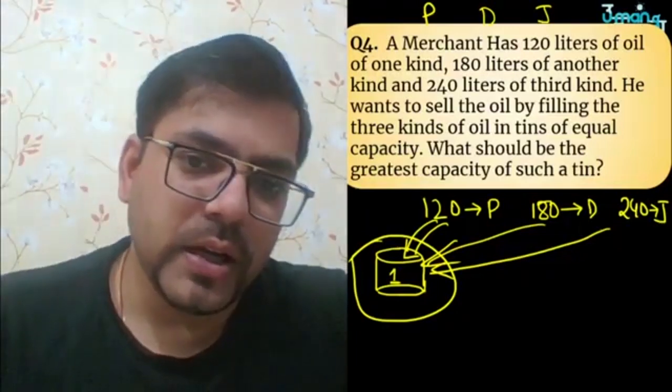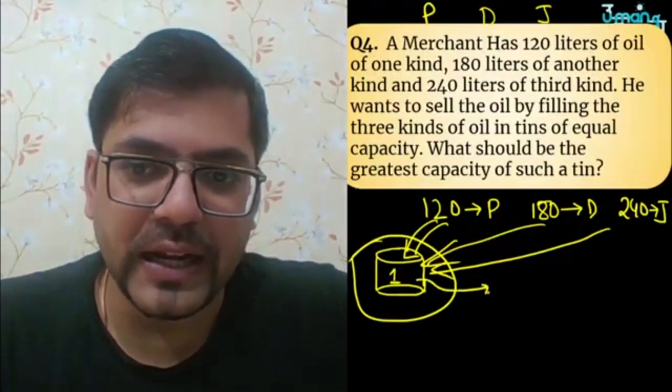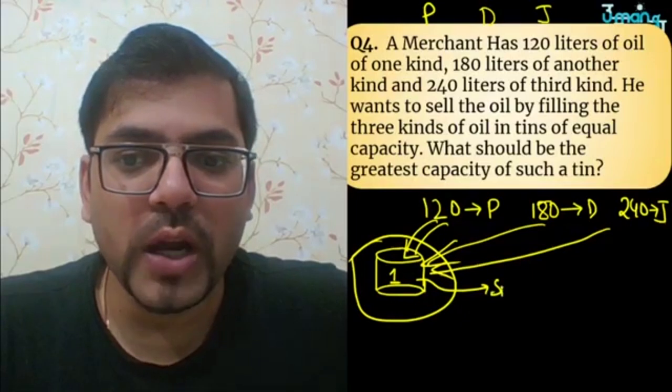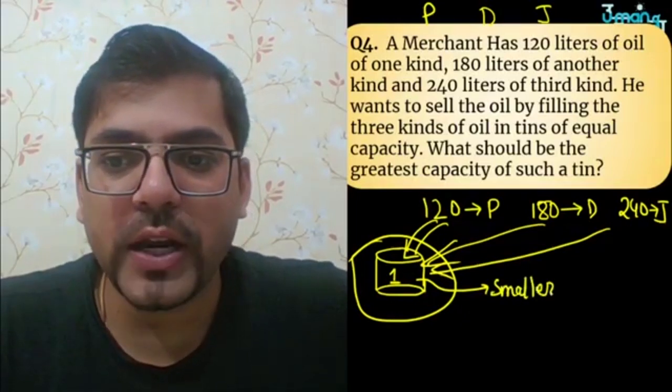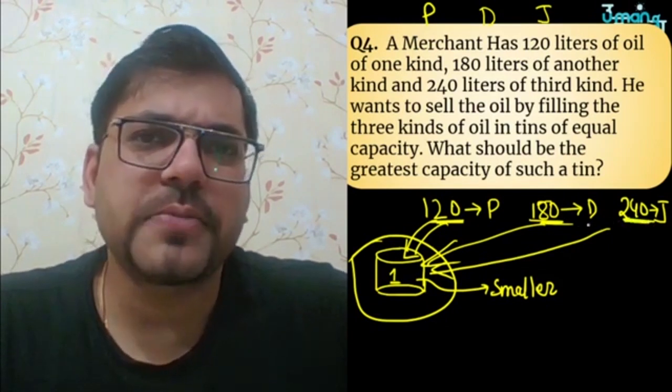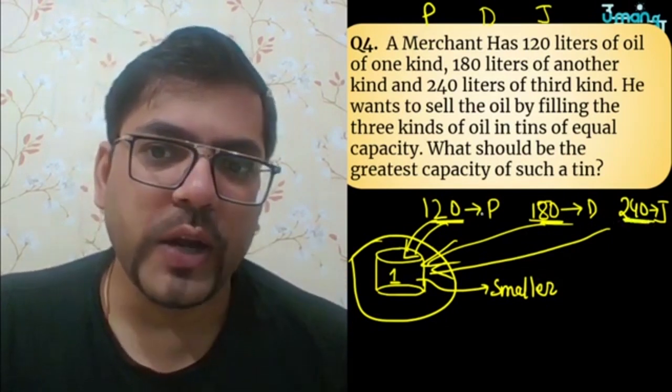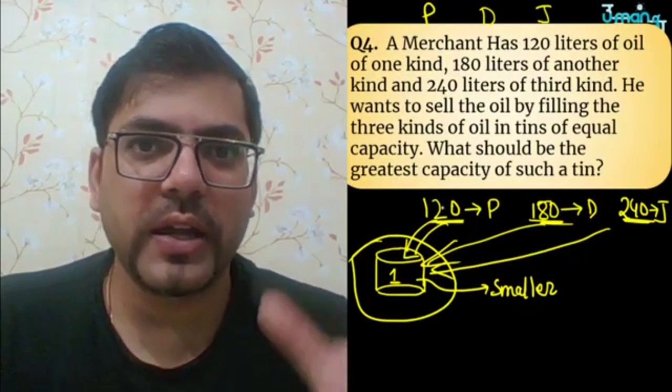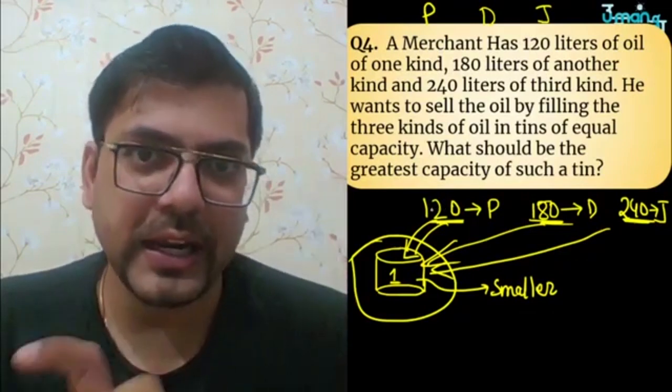Always remember here the quantity being asked is a smaller quantity compared to the given quantities. See why I'm saying this: if they have to sell 120 liters of petrol, they won't have a 120-liter container, isn't it?